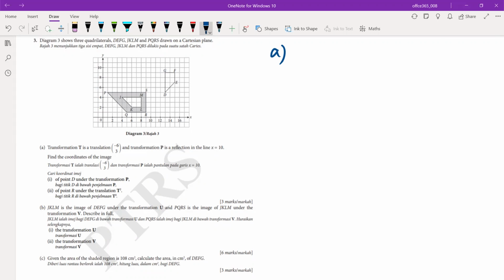Okay, now, question, they want you to check the point D under transformation. Okay, point D is the object. Point D is here, 13, 5. Under this, what's the transformation P?